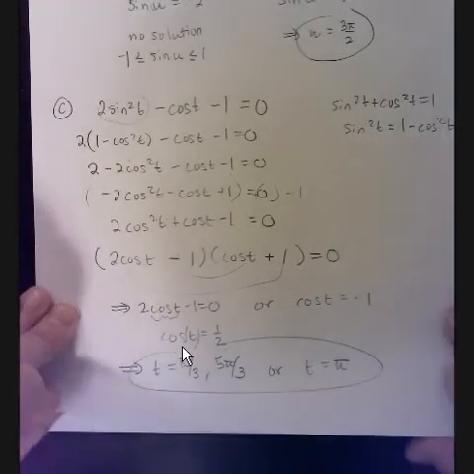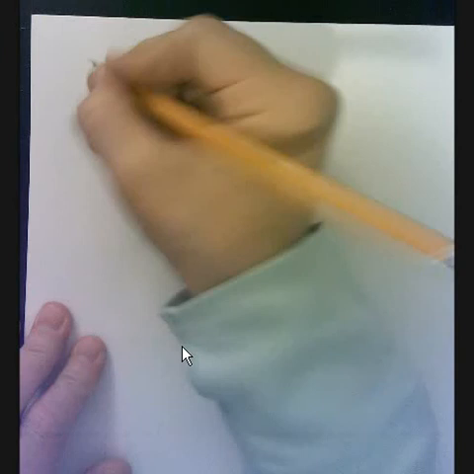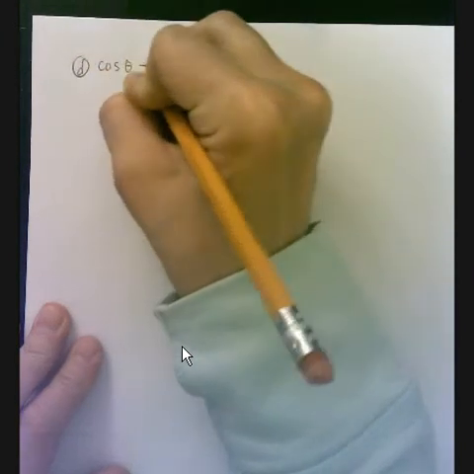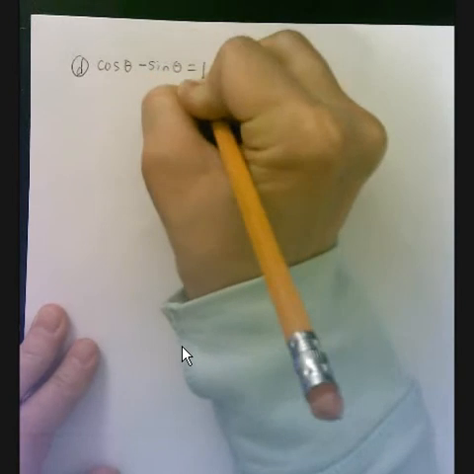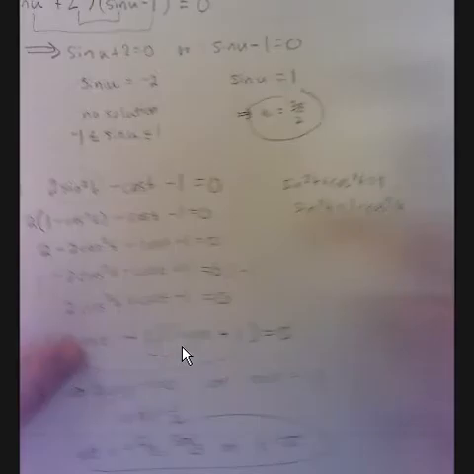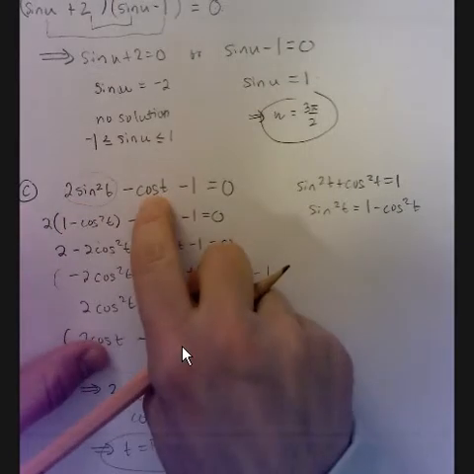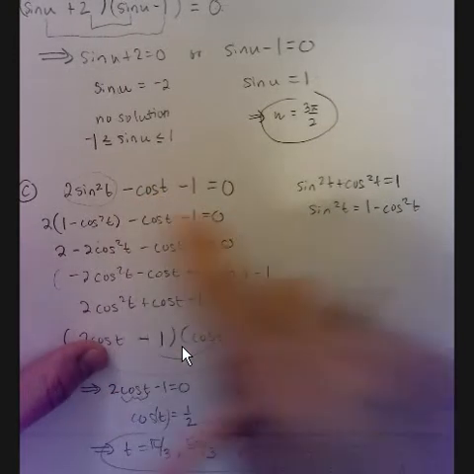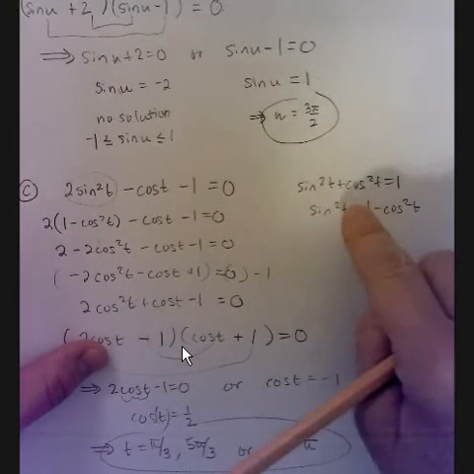All right, in D, so again we have a problem with having two different functions, cosine theta minus sine theta equals 1. And I talked about in this previous problem how it would be difficult to just replace cosine t in terms of sine t because you would have to take the square root of both sides, and that gets messy.